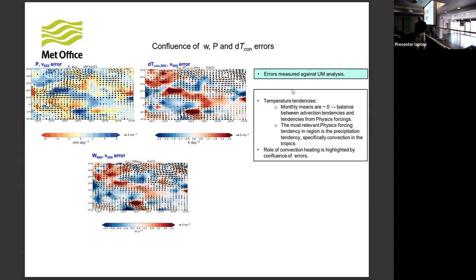And then you show that there's also the same vertical motion error: too much upward motion here, where you've got too much heating, too little vertical motion, or downward motion, here, where you have a large absence of heating. So errors in vertical motion, errors in convective heating increment, and in final precipitation are all very closely correlated. I guess you wouldn't be too surprised by any of that.